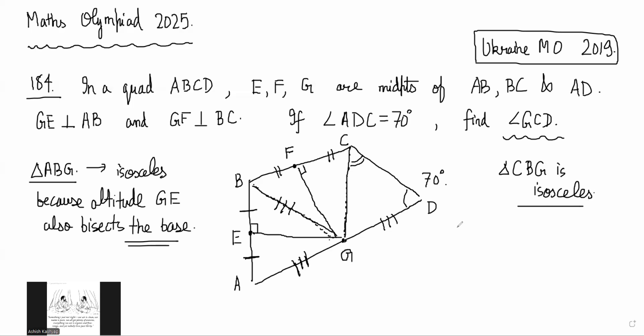So this is equal to this, and this is anyway equal to this, so this is 70. So basically, very easy question. Maybe it must have been the first question of the Olympiad. But the point is, you just have to connect G to B, G to C, and notice triangles ABG and BCG as isosceles.